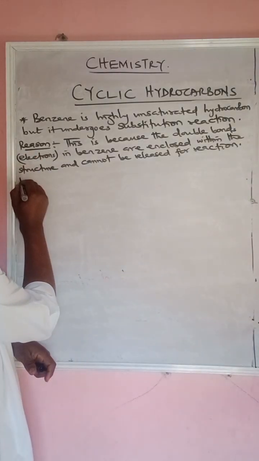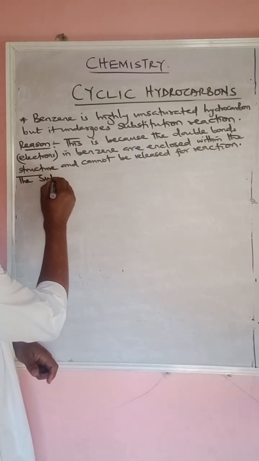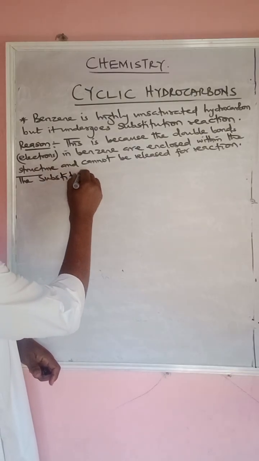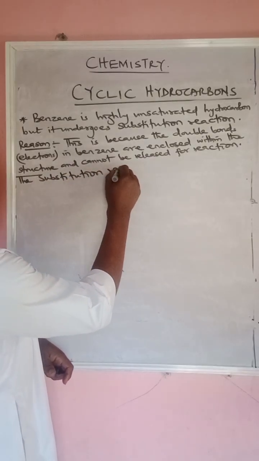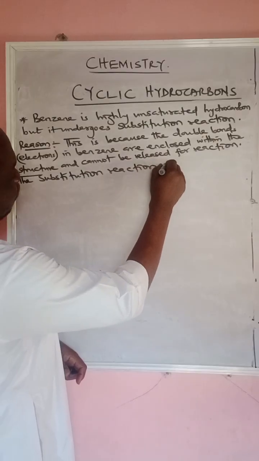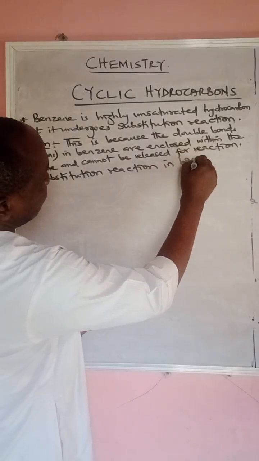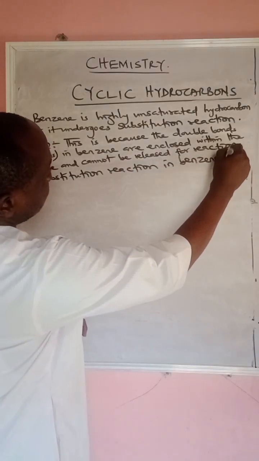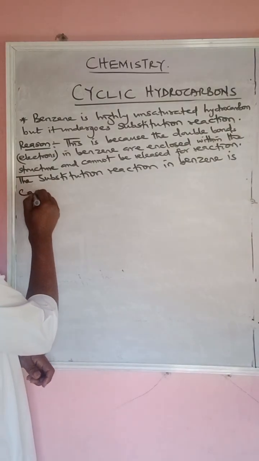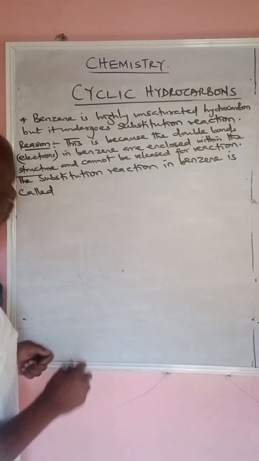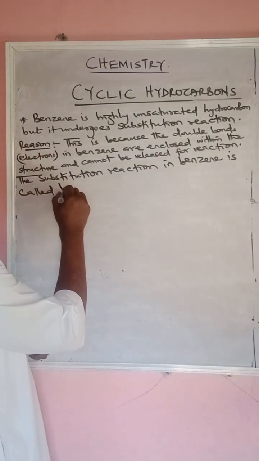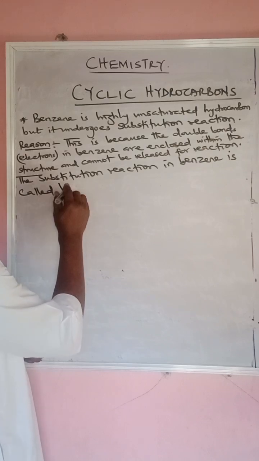And the substitution reaction in benzene is called halogenation.